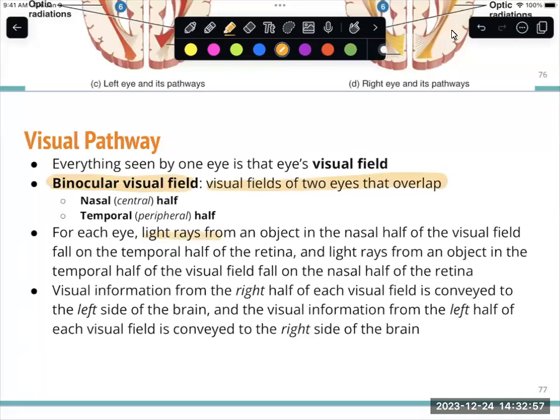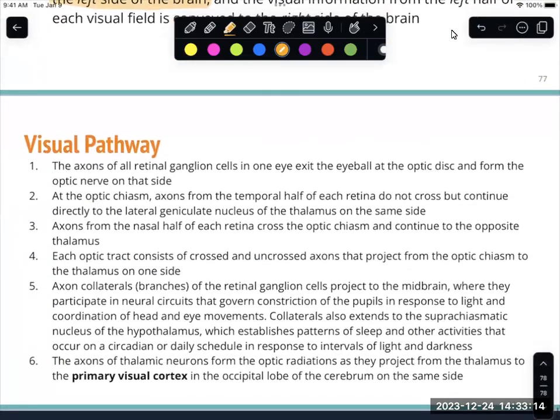So light rays from this object in the nasal half fall on the temporal half of the retina, and vice versa. Visual information from the right half of the visual field is conveyed to the left side of the brain, and vice versa.